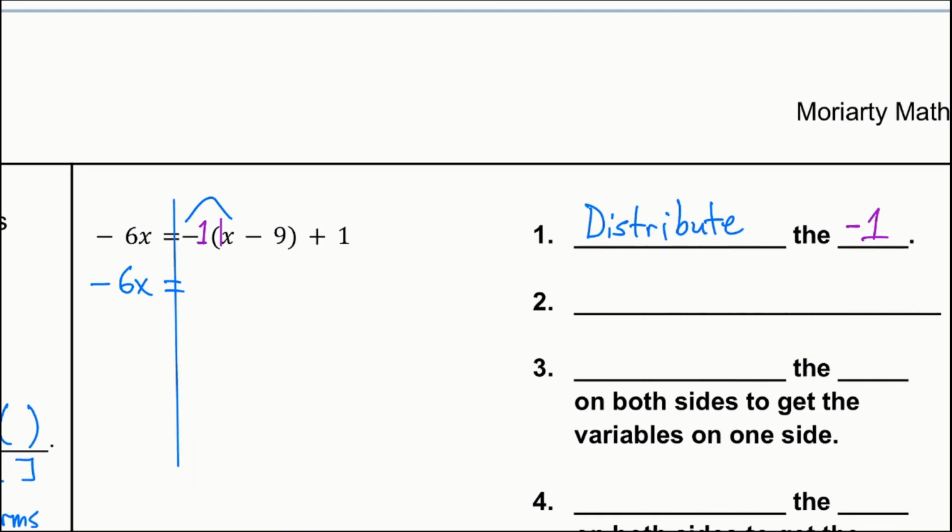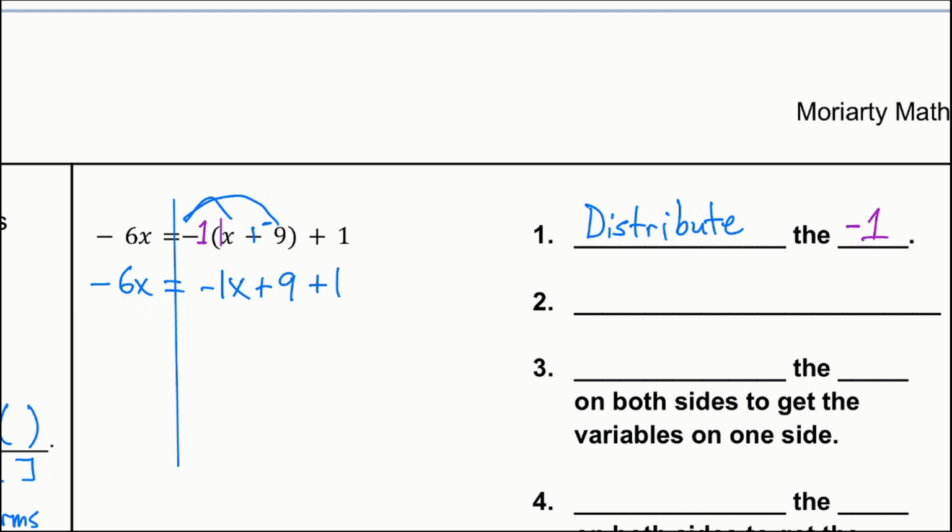Negative 1 times 1x is going to be negative 1x. This minus 9 is really a negative 9. So negative 1 times negative 9 gets me a positive 9. And then I'm just going to bring down that plus 1 that's on the end. Okay? The second step, if you are looking at that list of steps that I had, is combine like terms on each side.